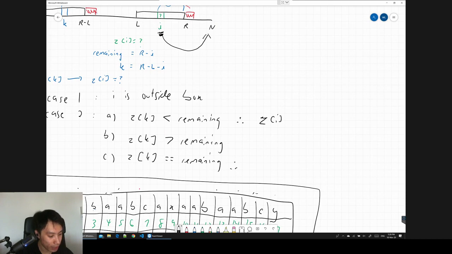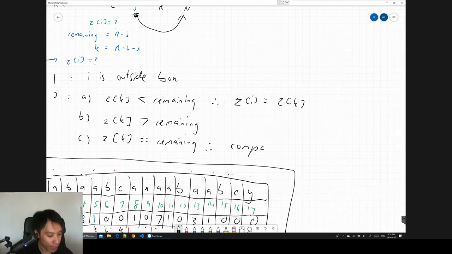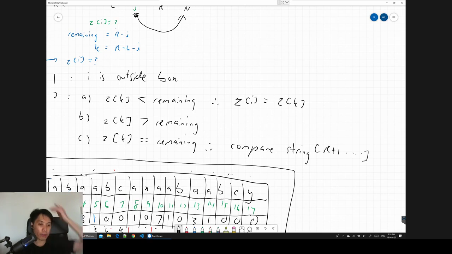Zi equals Zk. Here we will compare the string from r plus 1 onwards. We are going to be left with the final one, and I'm going to tell you the answer here is Zi equals Zk.